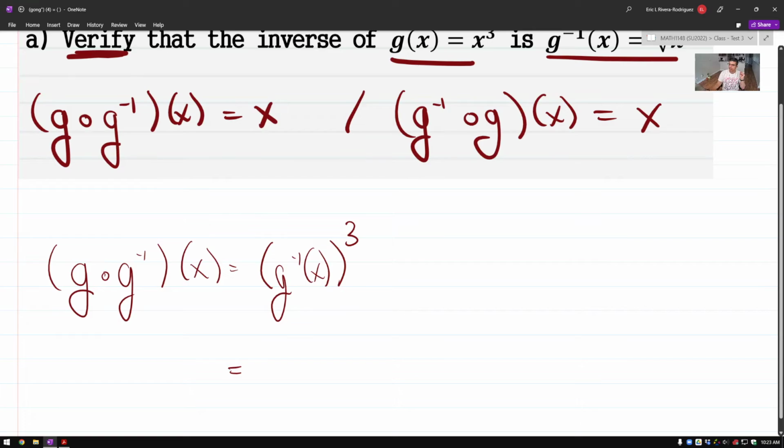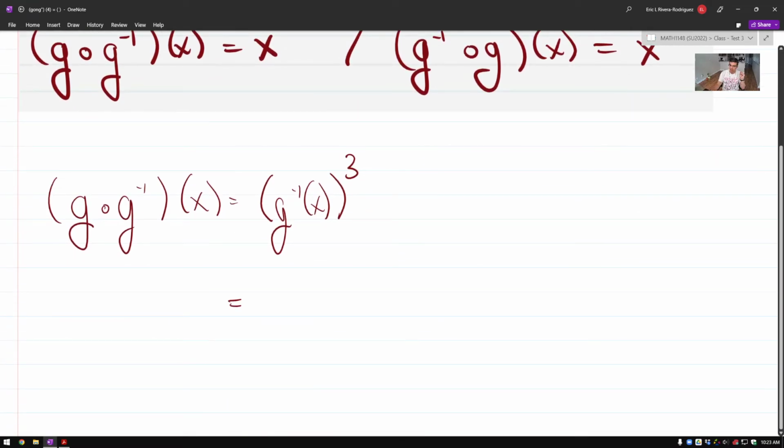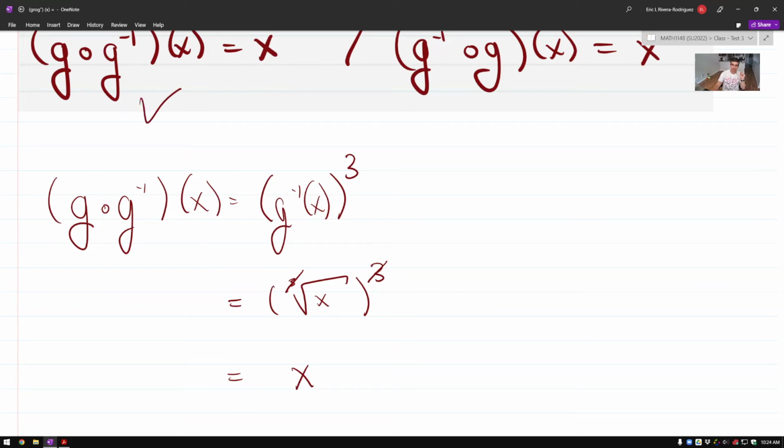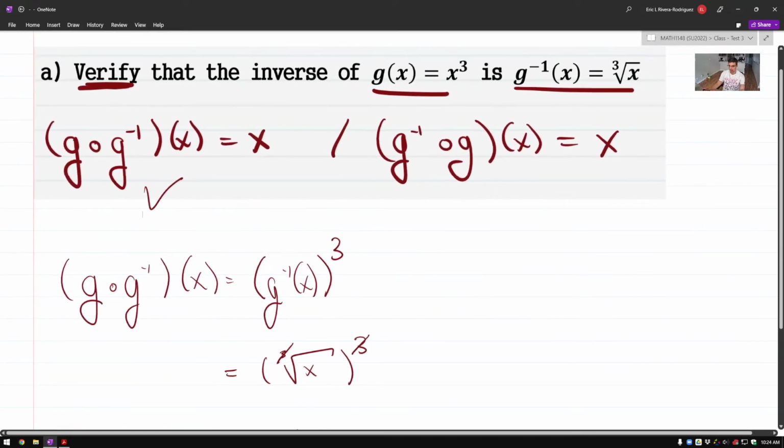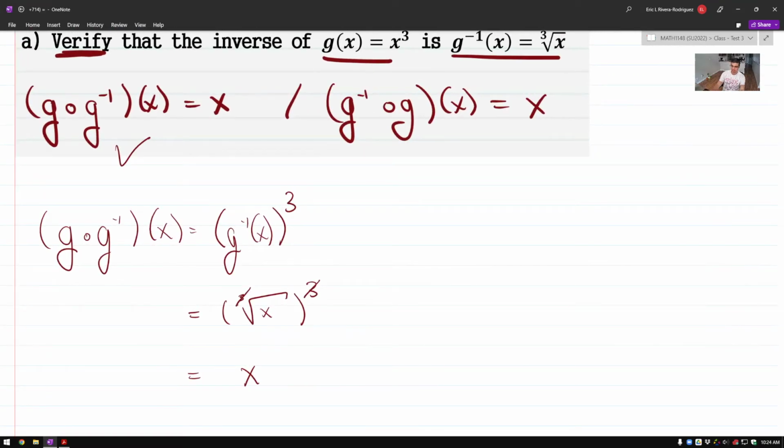Then I'm going to use the definition of g inverse of x, which is the cube root of x, all this to the power of 3, and these two cancel each other, and then we get x. So we are good with this part, but we need to do both orders, both directions.